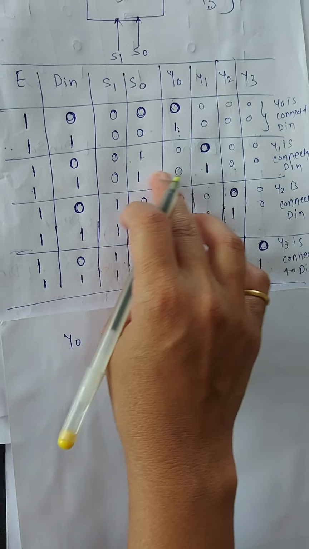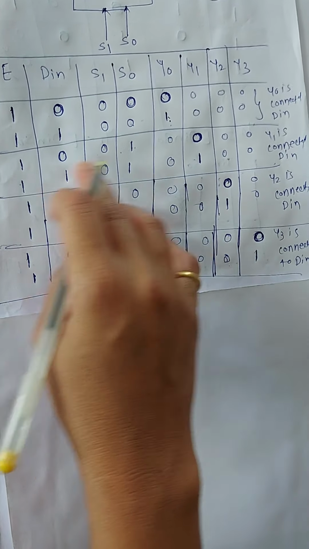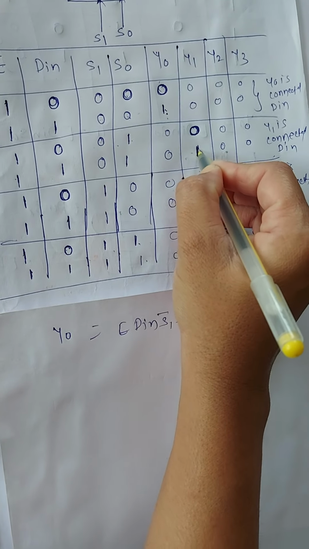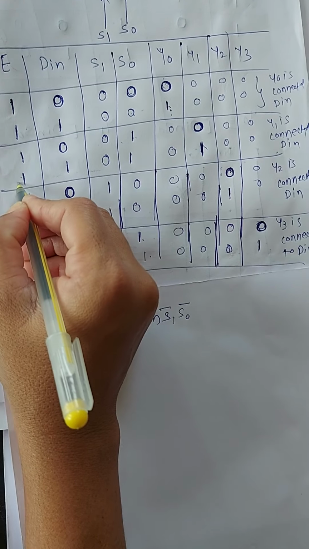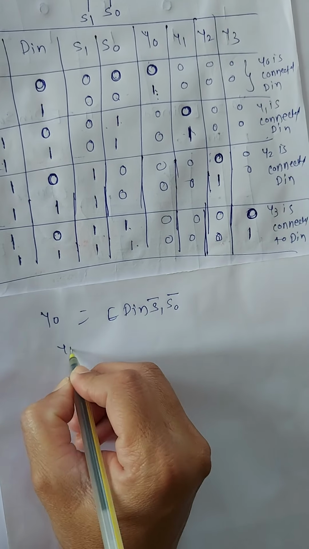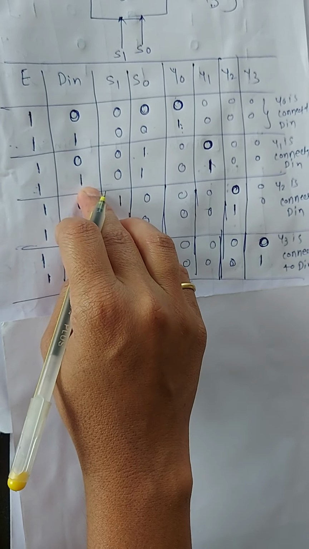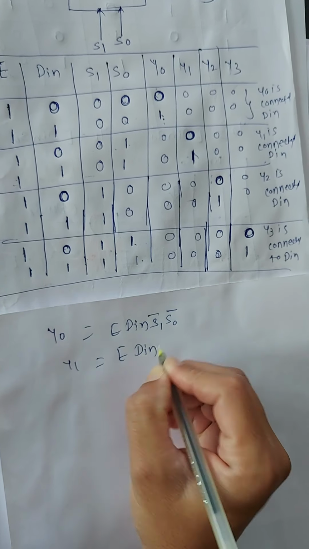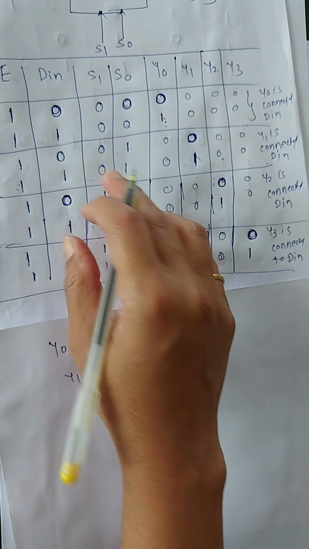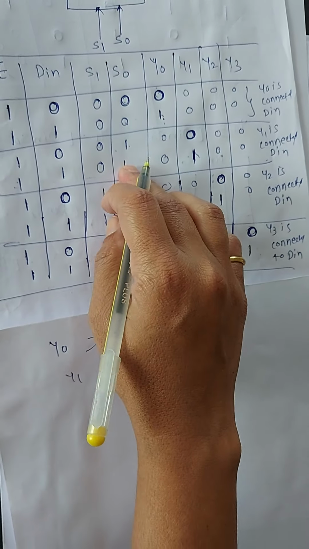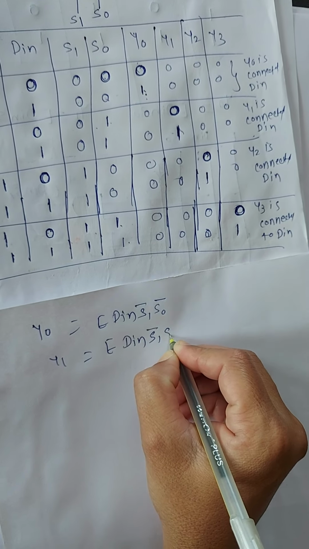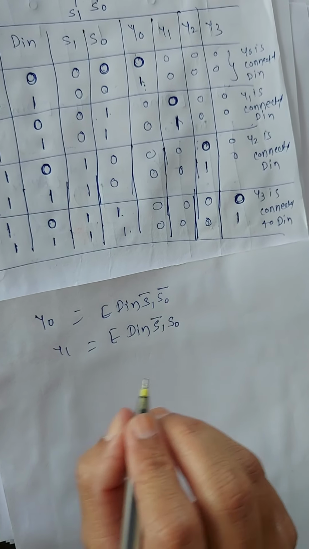For the Y1 output, the input line is selected like this. That input line you have to consider for the equation. Y1 is E, D in, next S1 bar and S0 is 1, so this is S0, not bar.